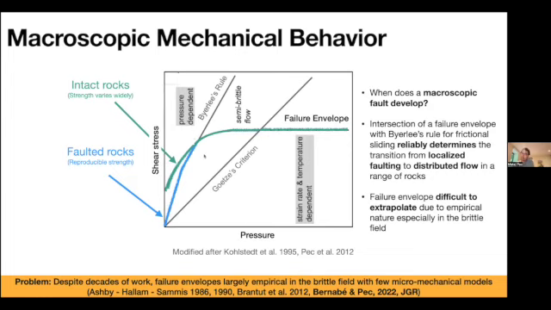And so there is some intersection here between the Byerlee's rule and the failure envelope of the intact rock, which basically tells us that at this point, it will become easier to fracture the intact rock than to slide an existing fracture. And that's where the brittle ductile transition is defined based on these macroscopic data.